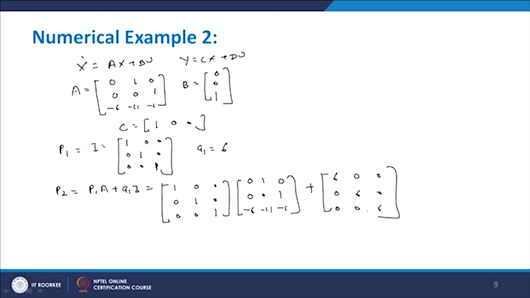Now we have to multiply this and then add. After multiplication and addition, we get the result [6 1 0; 0 6 1; minus 6 minus 11 0]. Now we have got P1 and P2.